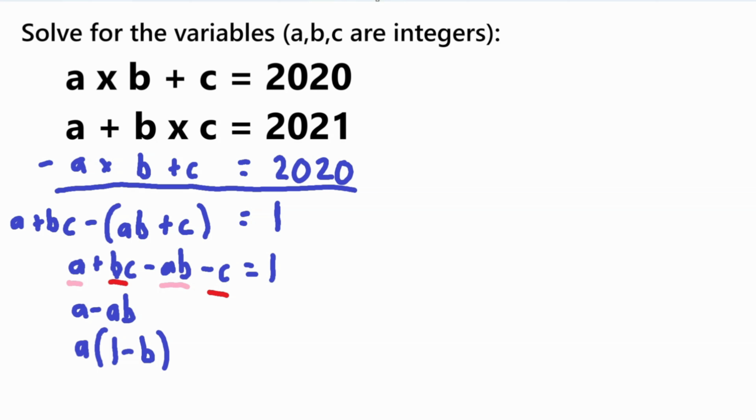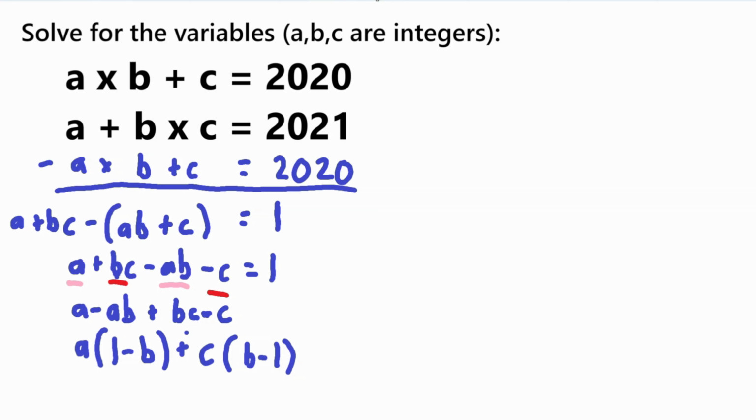Here there also is a common term, and that term is c. If we have bc minus c, both of these terms have a c, so we can factor out a c. That leaves us with b minus 1, because if we take out the c, we're left with b, and c divided by c is 1.